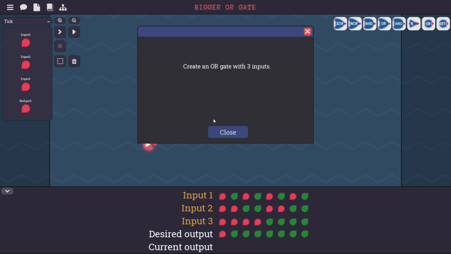It says create an OR gate with 3 inputs. Okay, so it's just an OR gate, but the previous OR gate had 2 inputs, as we can see over here, but now we want to create a bigger OR gate.